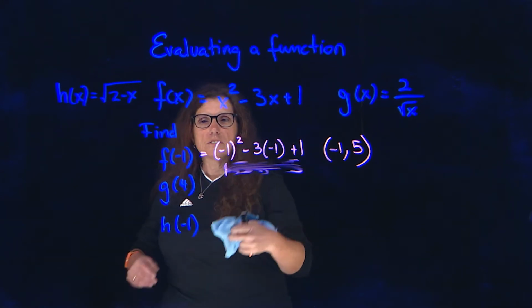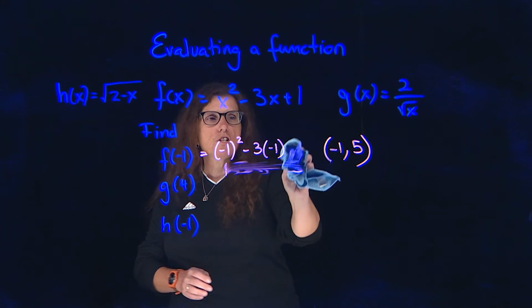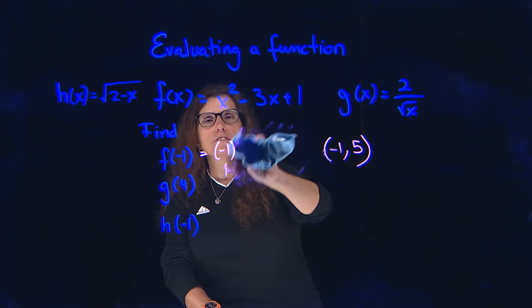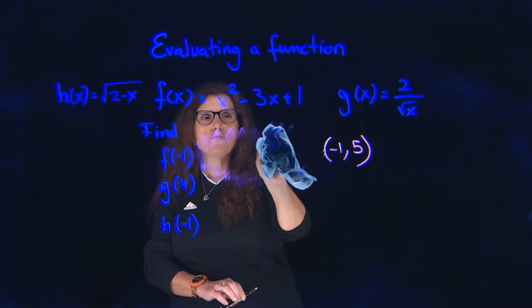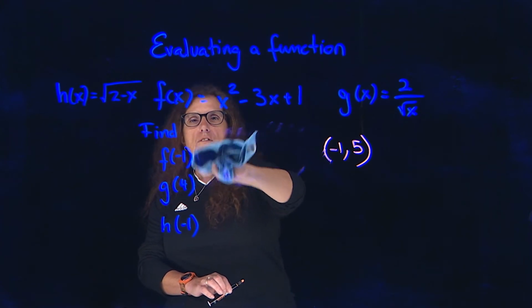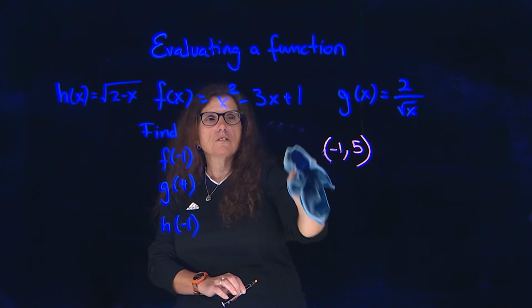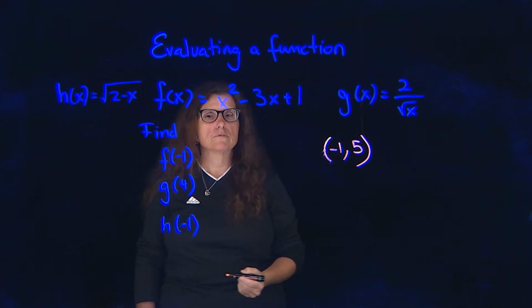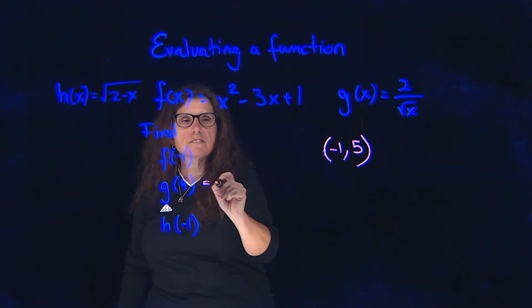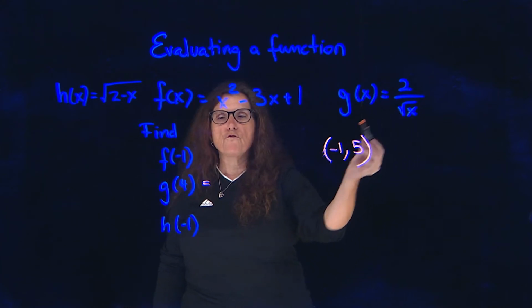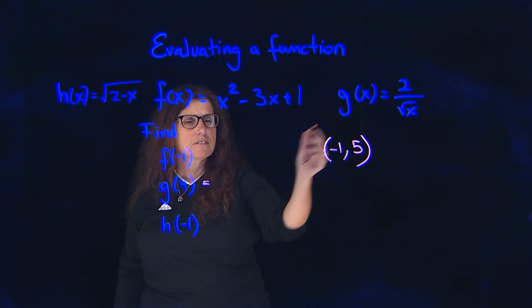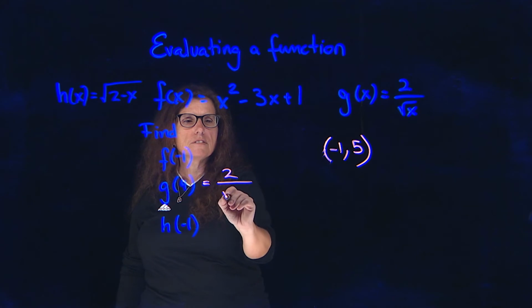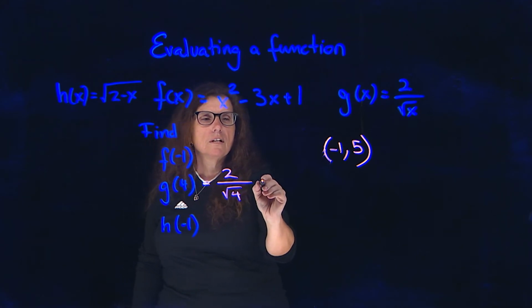Okay, next one. Let's take a look at g of 4. Now we're interested in the g function, so don't use the f function. The g of x is 2 over the square root of x. X is being replaced with 4. We rewrite the problem: 2 over the square root of 4.